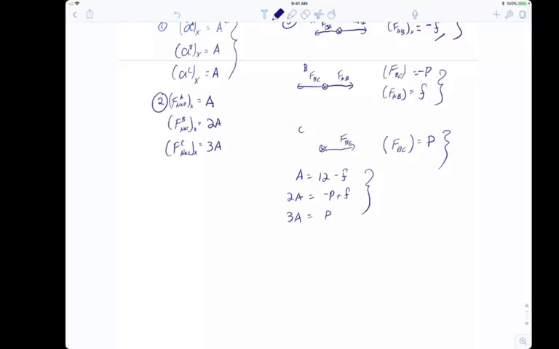I'm going to combine these two together. So this is 2A is equal to minus 3A plus F, which in turn becomes 5A is equal to F. And now I'm going to take this guy. Hold on.